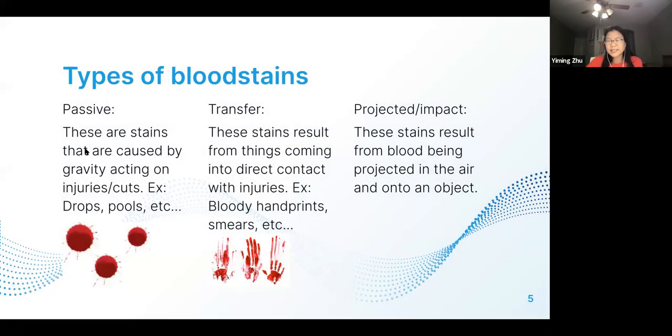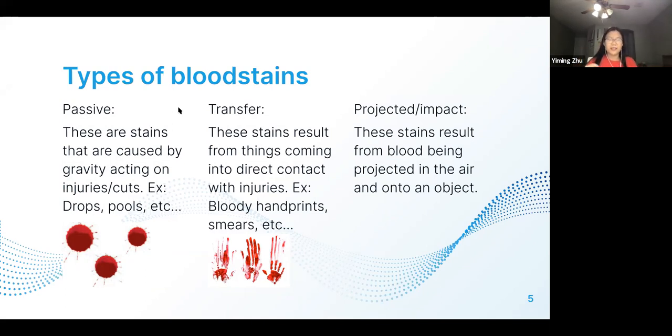Yes, so a passive stain, right here, these are stains caused by gravity on injuries and cuts. So I'm just going to give y'all 2 examples, and then you guys can think of 2 other ones based on what I would say. So like a nosebleed, where the blood drops from your nose, and like say you're looking down. Yeah, a paper cut. That's really good.